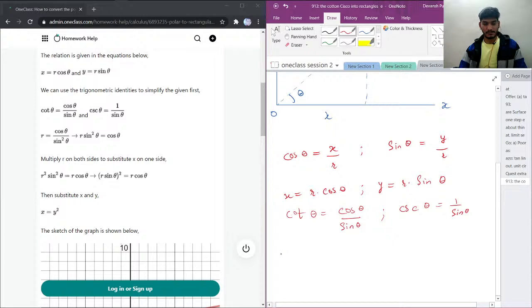Now r is equal to cosine theta over sine square theta, which implies r times sine square theta is cosine of theta.